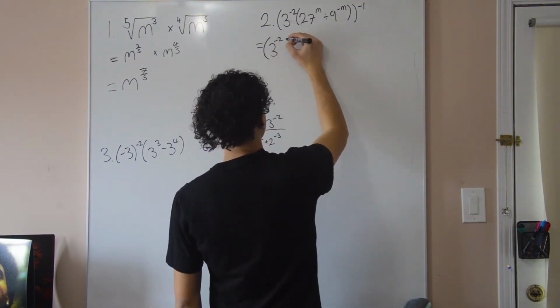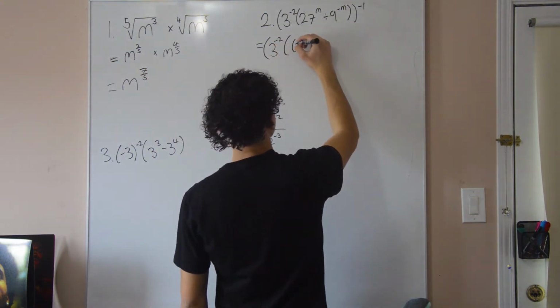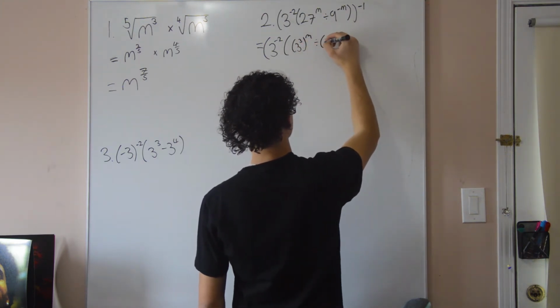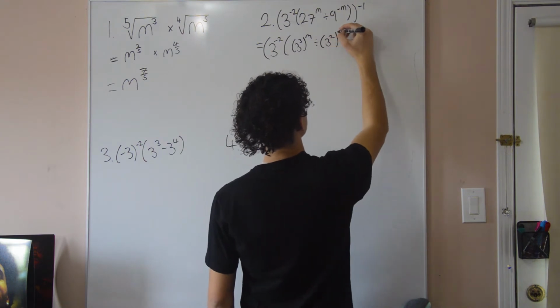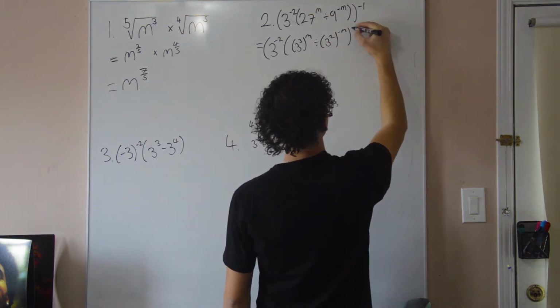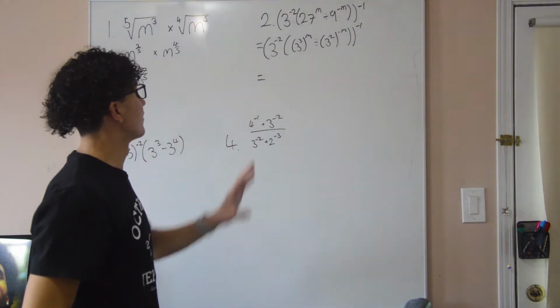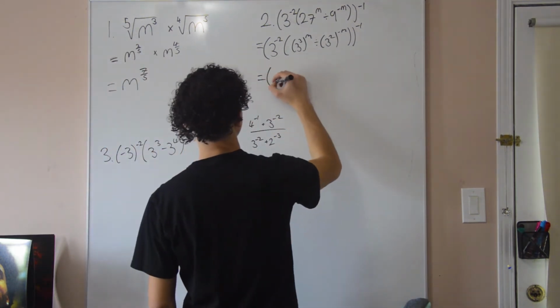So it becomes 3 to the negative 2 times, this is 3 to the 3, to the m, divided by 3 squared to the negative m, all this to the power of negative 1, just like that. And then from there, let's just expand everything.